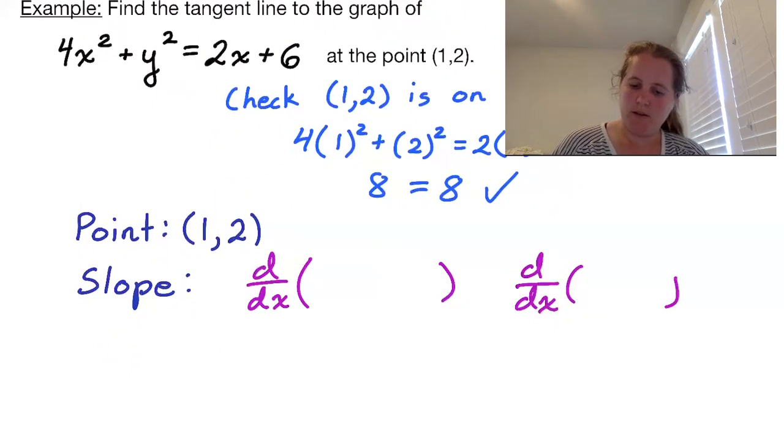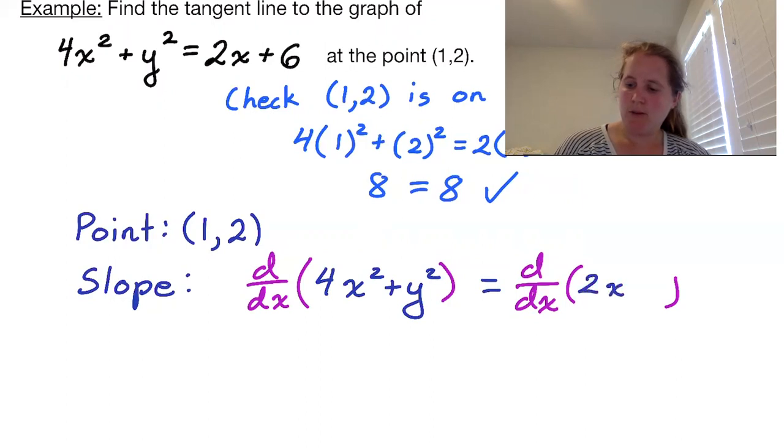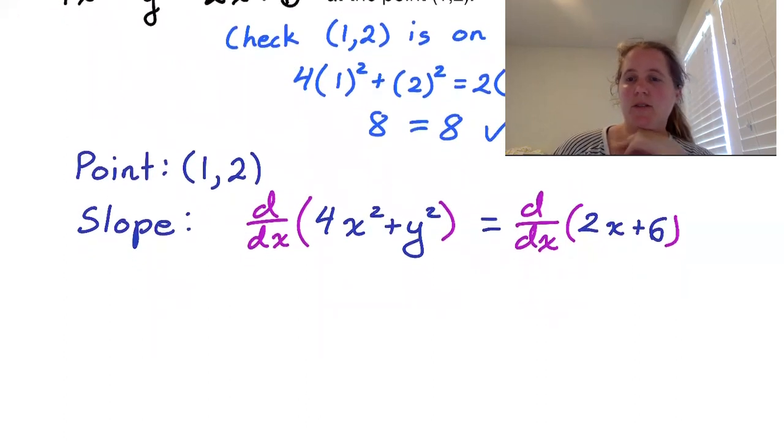So we're taking the derivative with respect to x of 4x squared plus y squared, and that is equal to the derivative with respect to x of 2x plus 6. I'm going to stop writing out quite as many steps as I did previously. I'll still try to make it so that you can follow along readily.